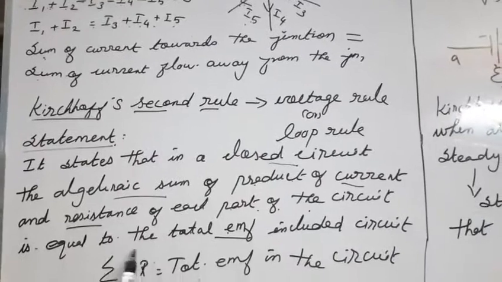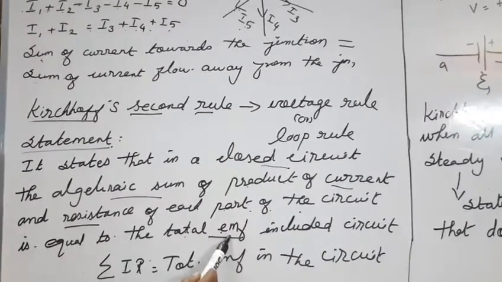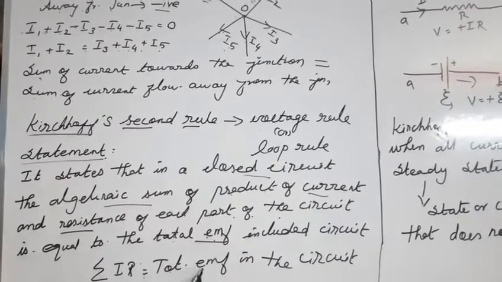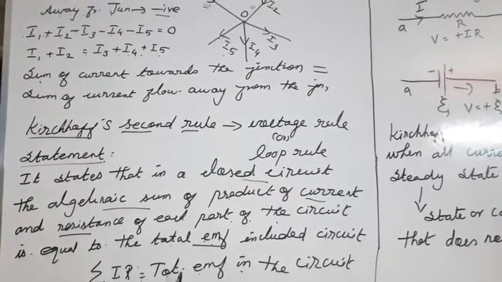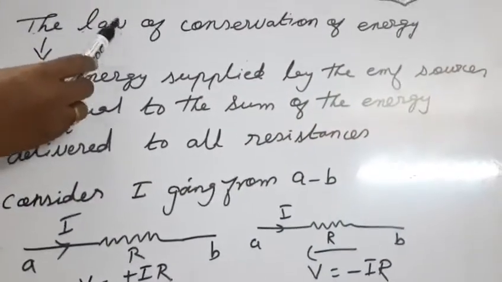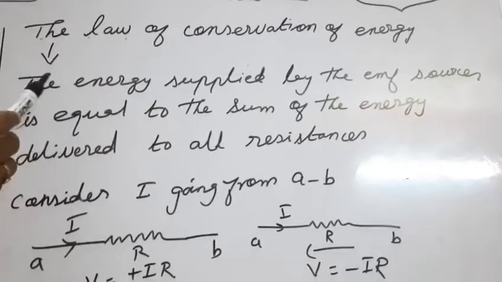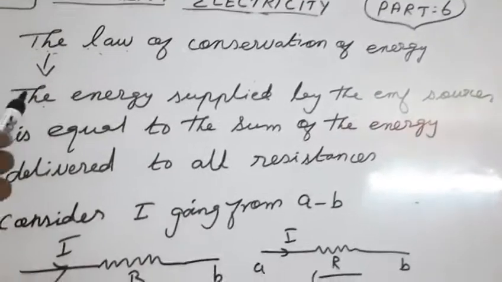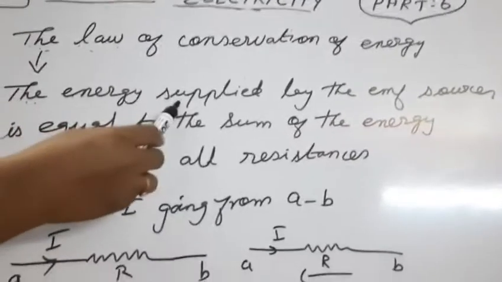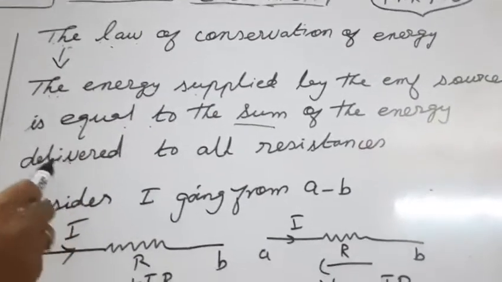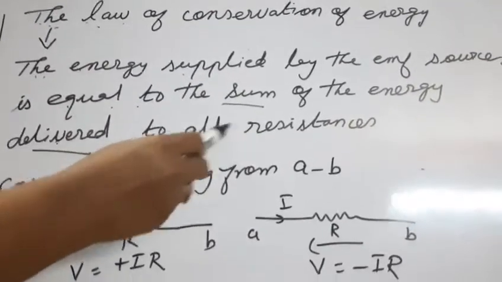Therefore, summation of IR equals total EMF in the circuit. And here we use the law of conservation of energy. What is the law of conservation of energy? The energy supplied by the EMF sources is equal to the sum of the energy delivered to all the resistances.